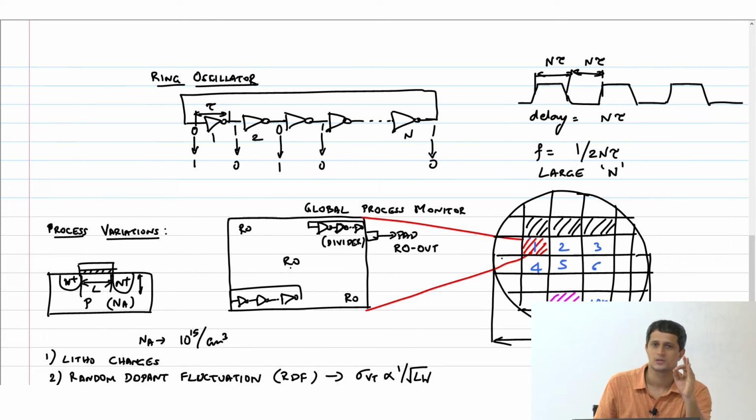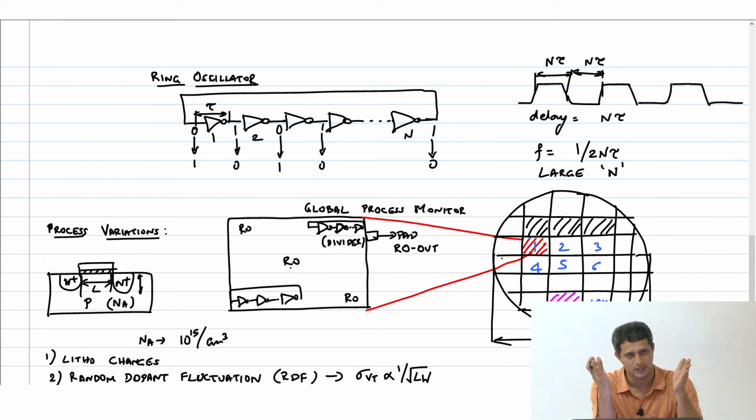If the frequency is not what you had thought it was, it means there is a drift in the process parameters. Then you can correct for this appropriately, which means that if you know, for example, that all transistors have become slower because VT went up, then I can increase my VDD slightly. These corrections can happen, okay?